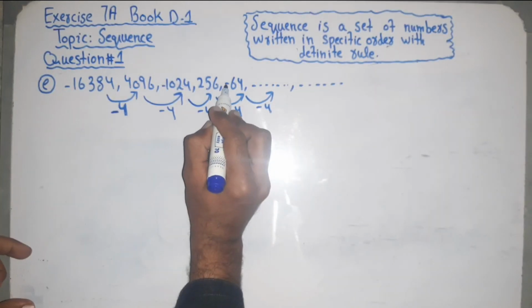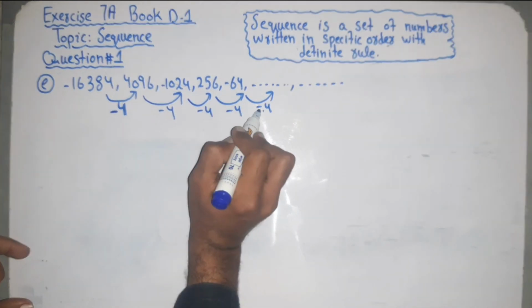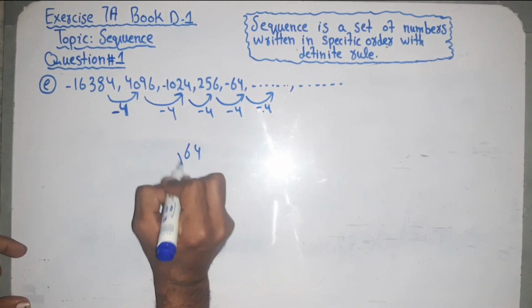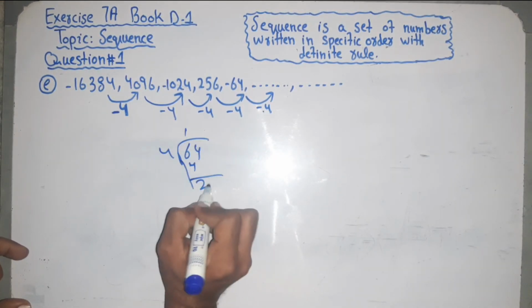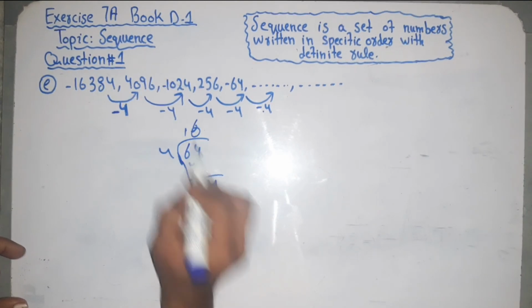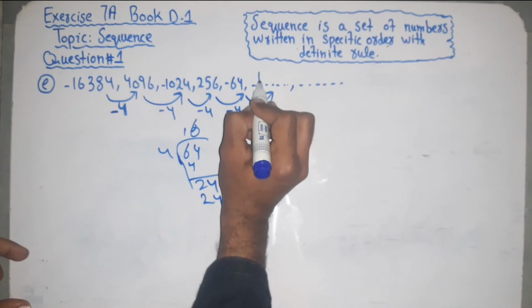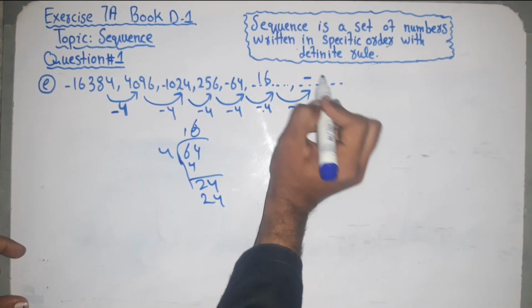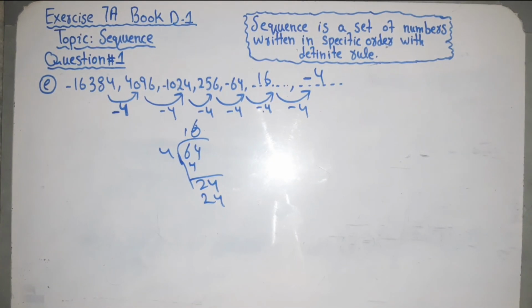So now check this, we have a negative number, and a negative number is divided by a negative number, so we will get a positive answer. If we divide 64 by 4, we will get 16. Now we have a positive number divided by a negative number, so we will get a negative answer, that is -4. Okay, I hope this question is clear to you.